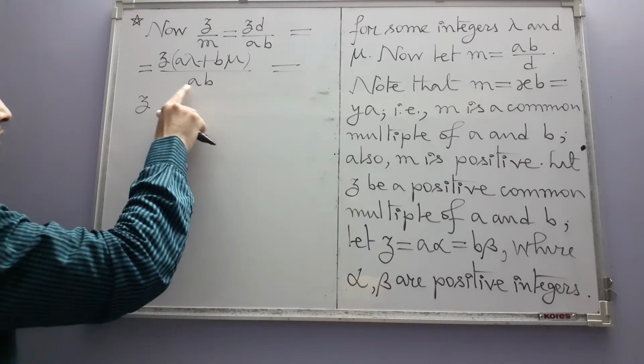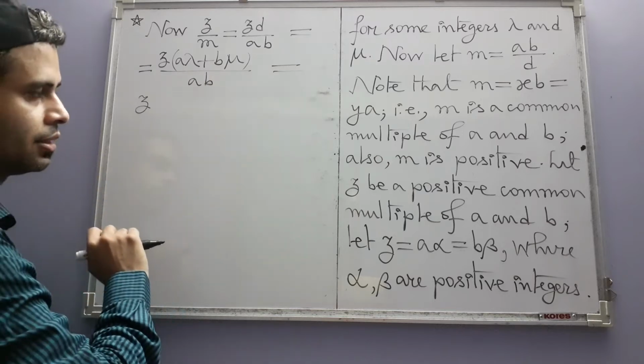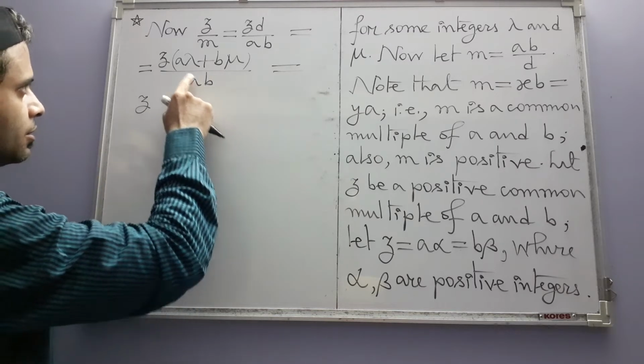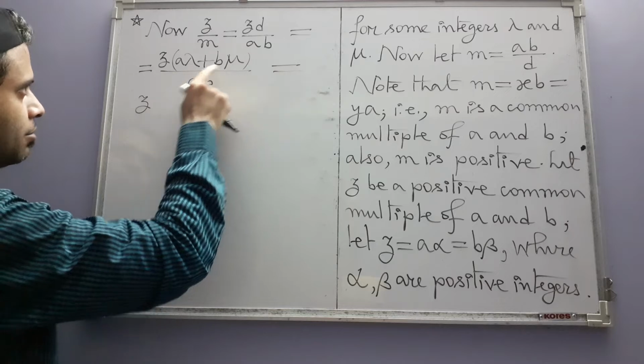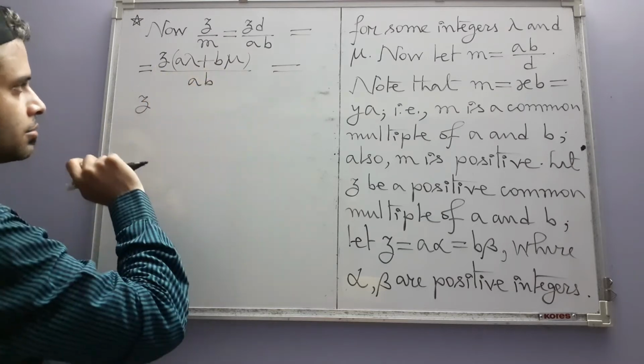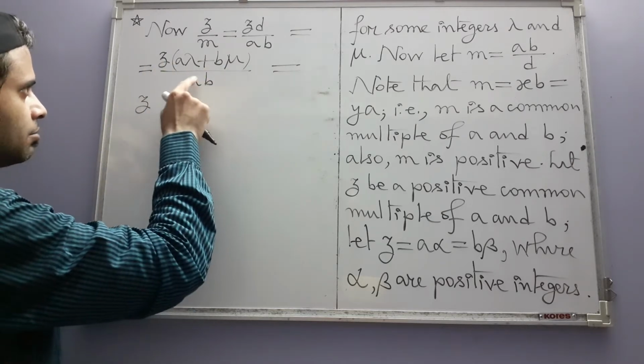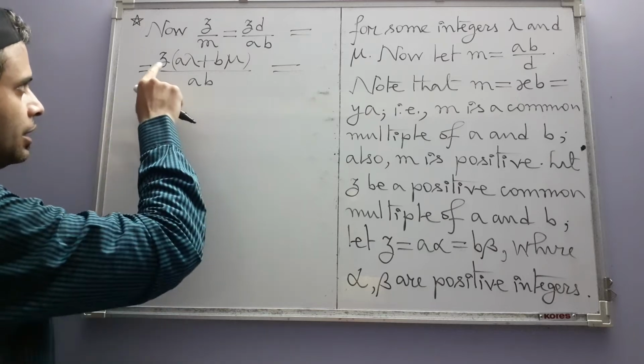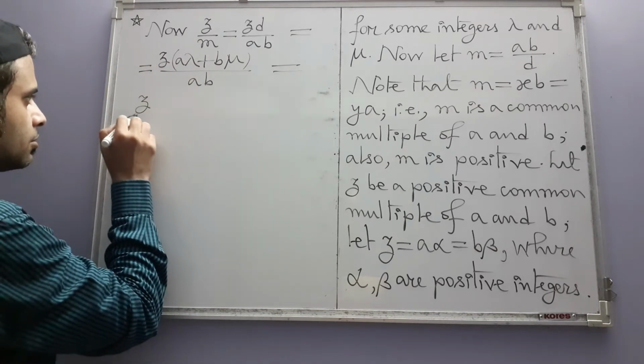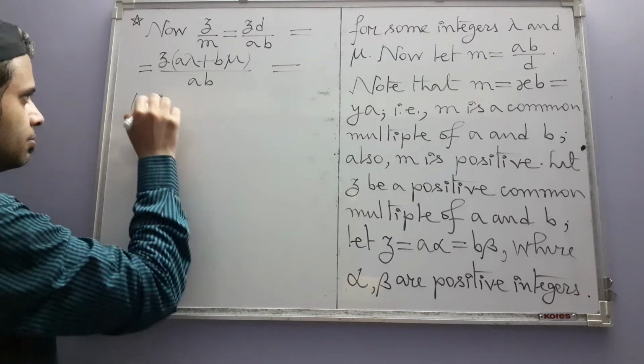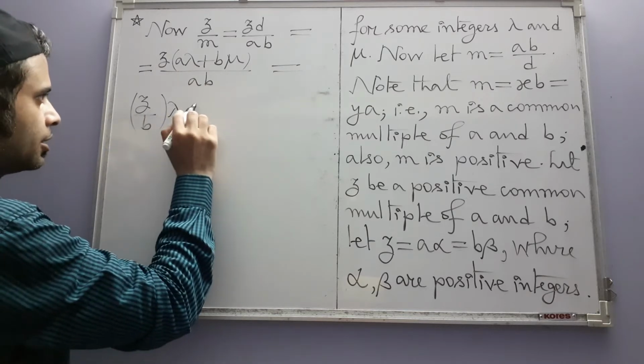You see, if we perform the division, meaning if we distribute AB to these two terms, then in the first term A and A cancel out, we are left with Z divided by B times lambda.